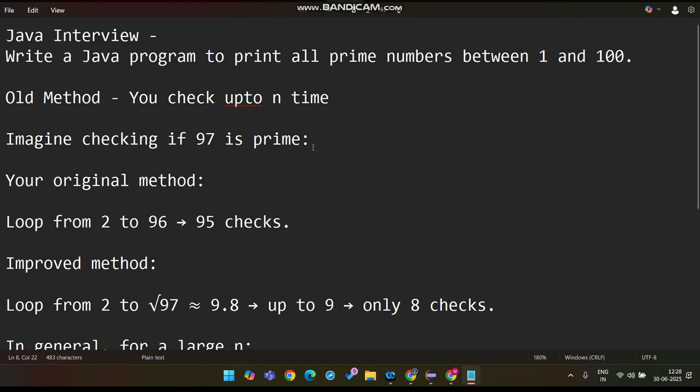Let me explain with an example. Suppose you are checking whether 97 is a prime number or not. With your old method, you will loop from 2 to 96, so about 95 checks will be there, because it divides from 2 up to 95.